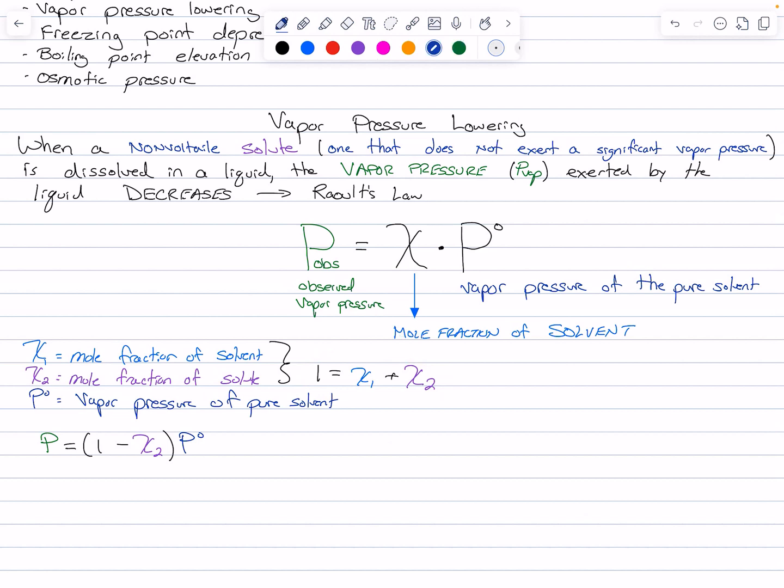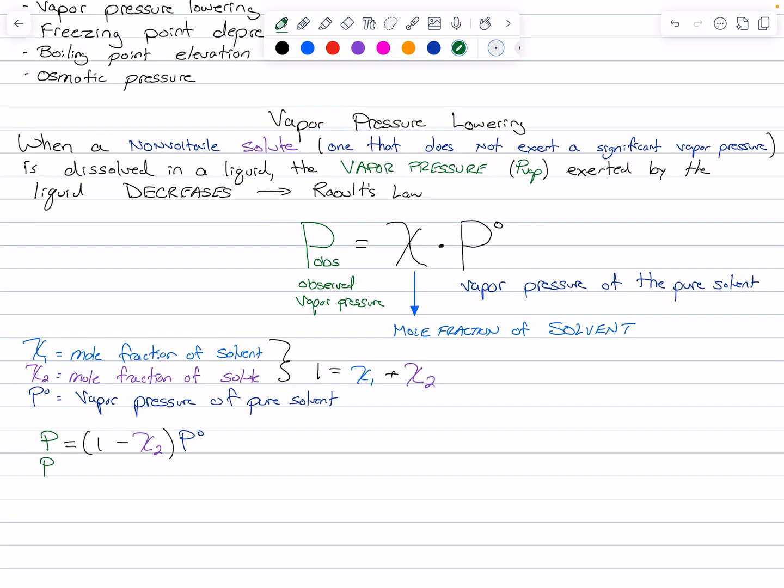All right, so we expand this out. P equals your pure solvent minus your mole fraction times the pure solvent.